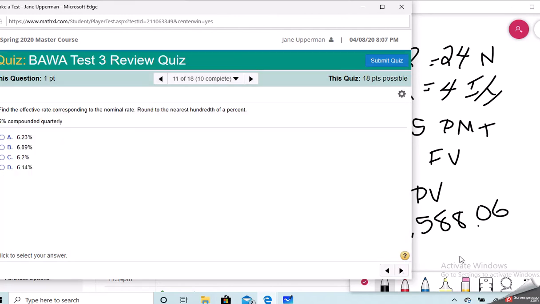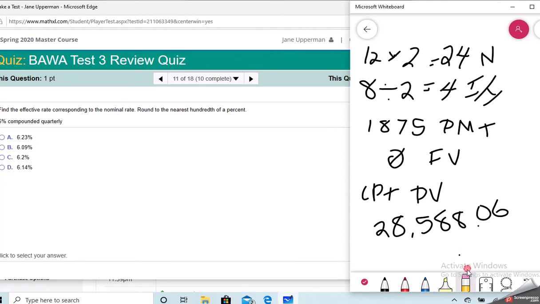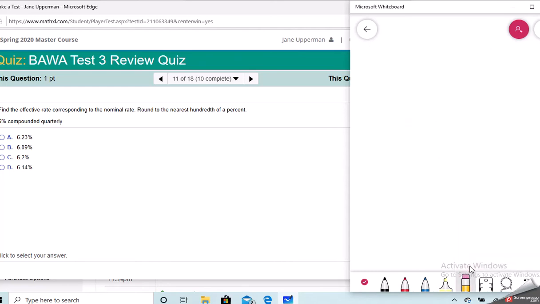Okay, then now this one, this is using our effective rate on our calculators. So it's the interest conversion. If we go into our second menu, and if you look above the number 2, you see this icon. That's the function that we're using.